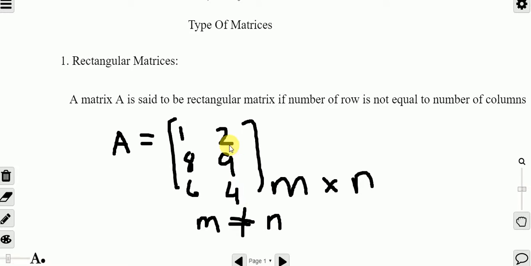Let us check the number of rows in this. The number of rows, m, is 3, and the number of columns is 2. So 3 is not equal to 2. Hence, this is a rectangular matrix.